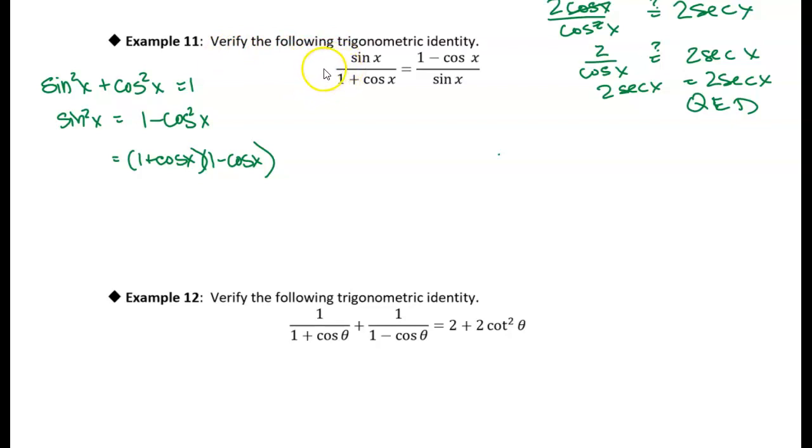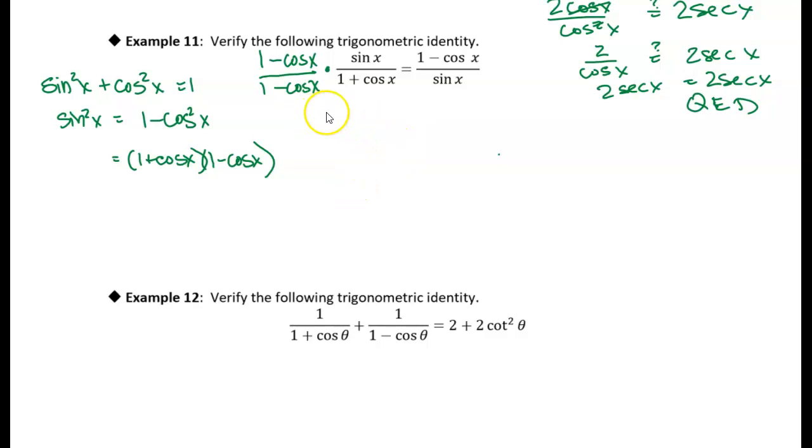So what I'm going to do is take this left-hand side and multiply by 1, but I'm going to use a 1 that looks like 1 minus cosine of x over 1 minus cosine of x. So that when I multiply these denominators, I have the difference of two squares, okay? Because 1 minus cosine of x times 1 plus cosine of x is 1 minus cosine squared of x.